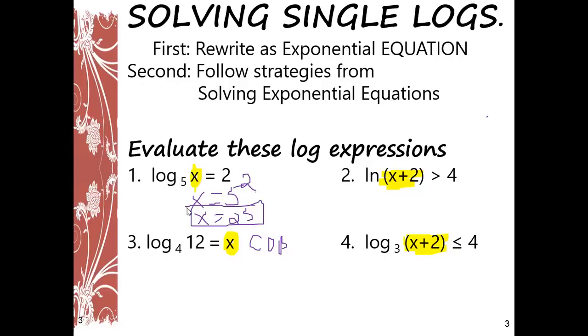In this problem for number 2, notice that I'm in ln. Remember that ln is the same as log base e. So what base am I in? I just said it. I'm in base e. So again, I'm going to write this as an exponential. My argument, x plus 2, has to be greater than my base, which is e, raised to the 4th power.